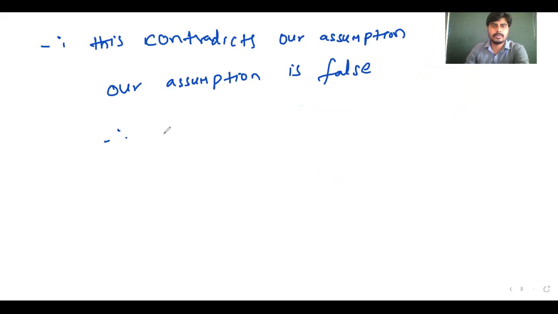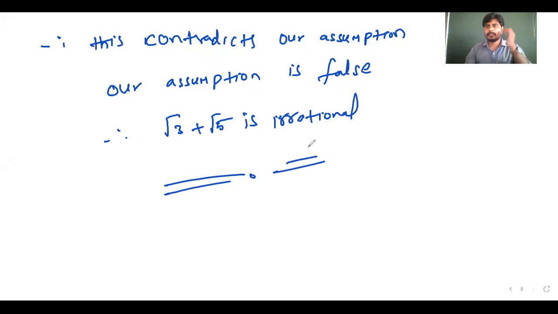Therefore, root 3 plus root 5 is irrational. We can write even more detailedly: this contradicts our assumption, our assumption is false. That is, root 3 plus root 5 is not a rational, it is an irrational number.